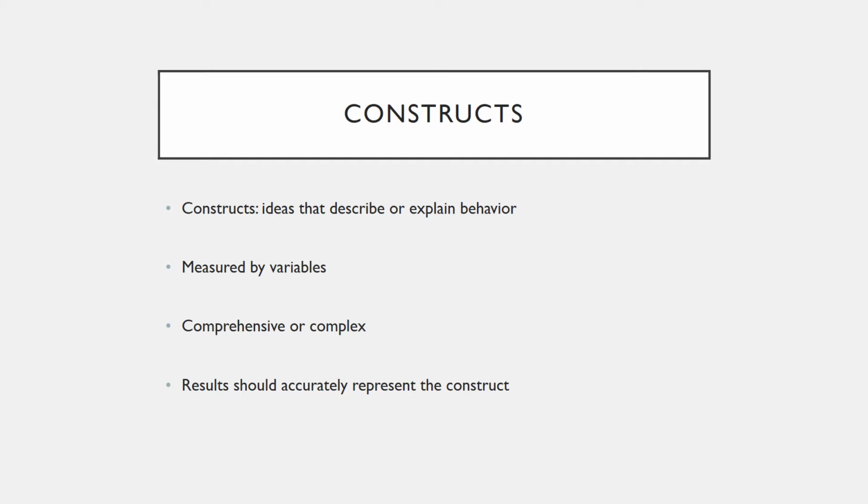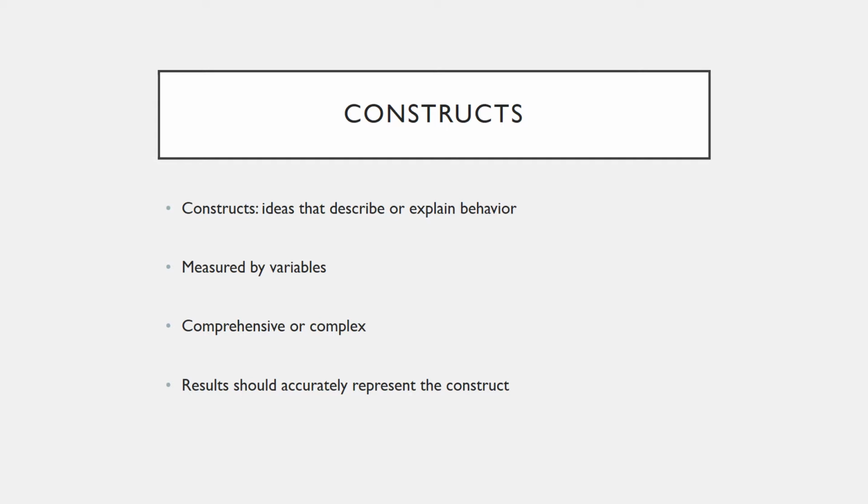And so these constructs can be very comprehensive and complex. So think about things like personality traits. So there would be a whole lot of different variables that we would look at to make up that single construct. Or they can be kind of narrowly defined and specific. So think about mood. There's a couple of examples of anxiety and depression inventories, suicide ideation.